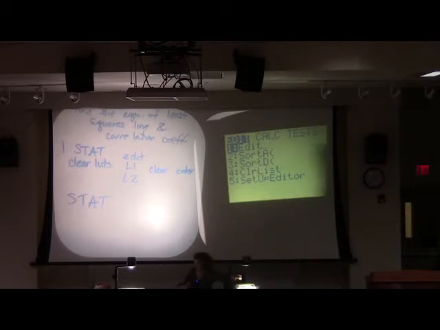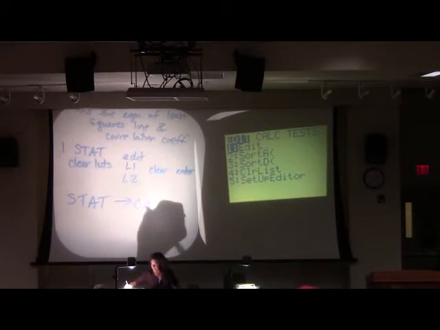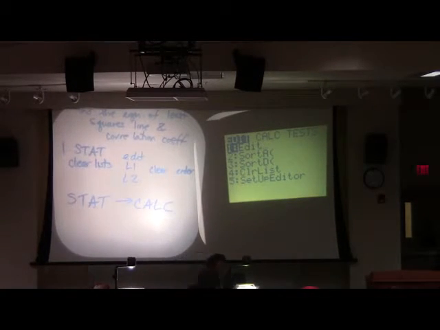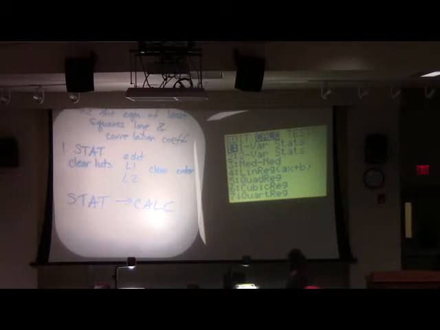So I'm going to go over to Calc. Hit your arrow to go over. All right, the one that we're interested in is the LinReg. That's a linear regression. You see, you could do a quadratic, a cubic, a quartic. We're not going to go there. We're only dealing with lines.